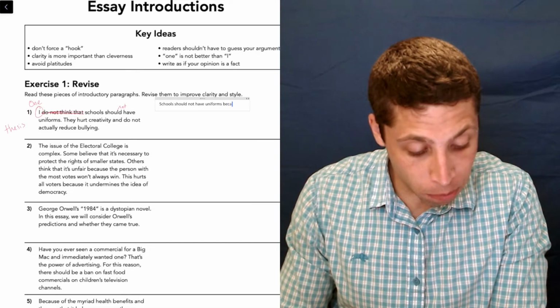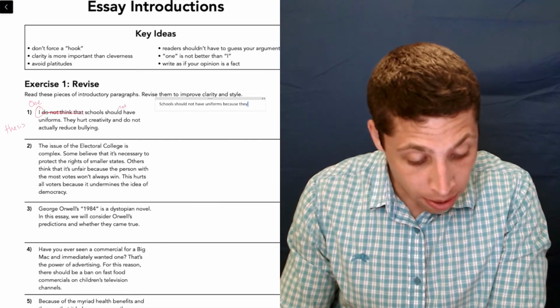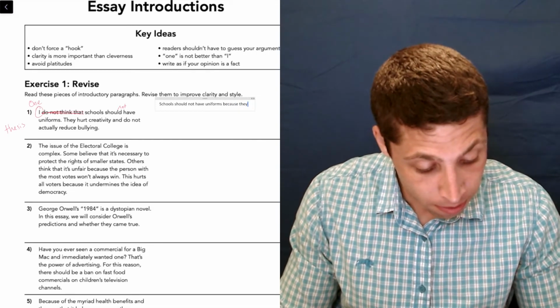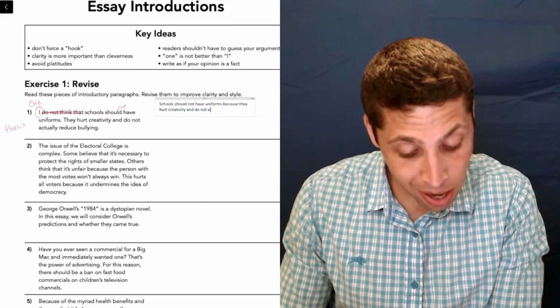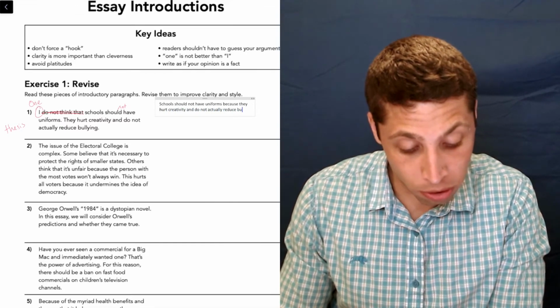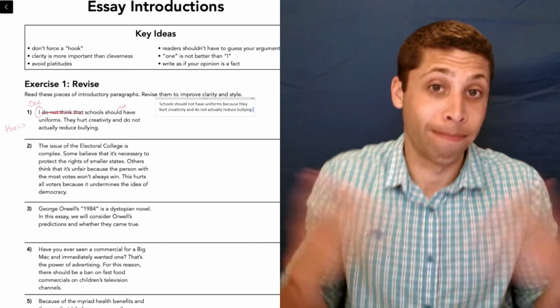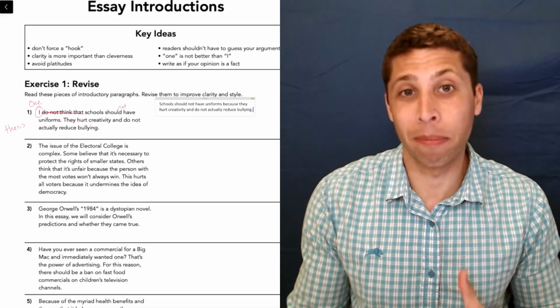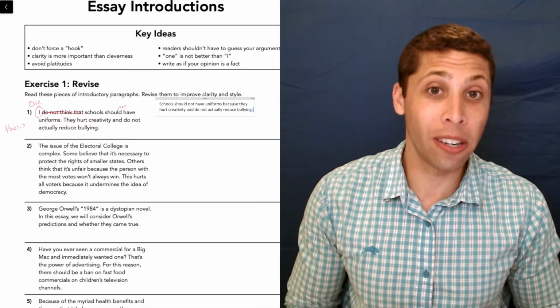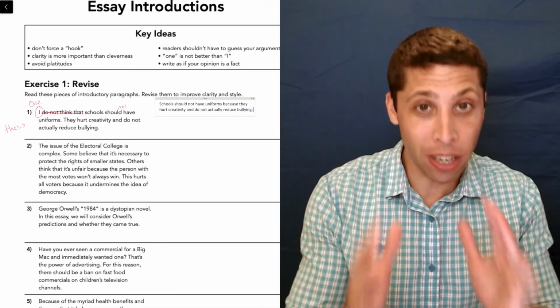Schools should not have uniforms because they hurt creativity and do not actually reduce bullying. There you go. And maybe we can even add a little bit more and get some more specifics in our intro. But as far as accomplishing our goals, we've done what we're supposed to do here.